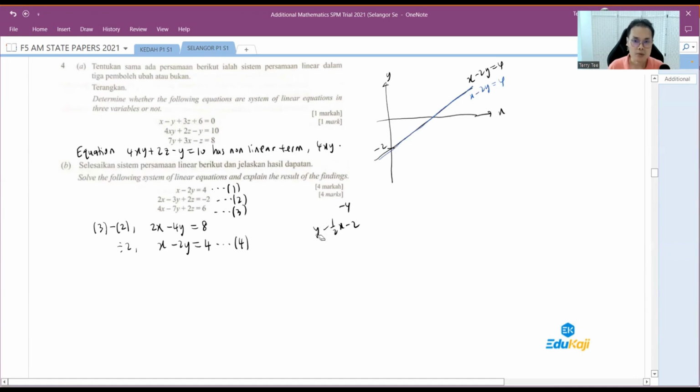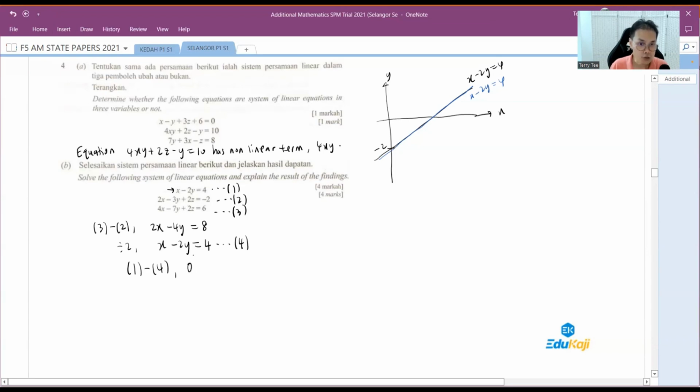But normally, the moment we show that they are the same equation, we have to solve them by elimination. Again, we take equation 1 minus equation 4. Look at equation 1, x minus 2y equals 4. Look at equation 4, x minus 2y equals 4. So when you subtract, 1 minus 4, or 4 minus 1, doesn't matter, all the x will cancel out.